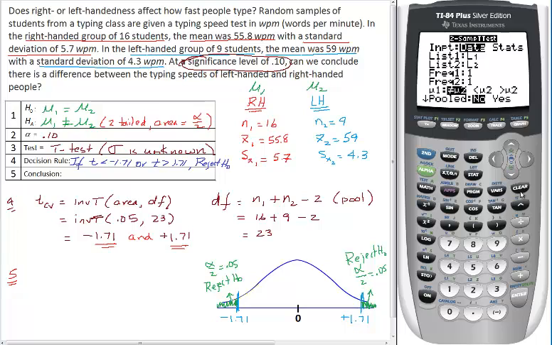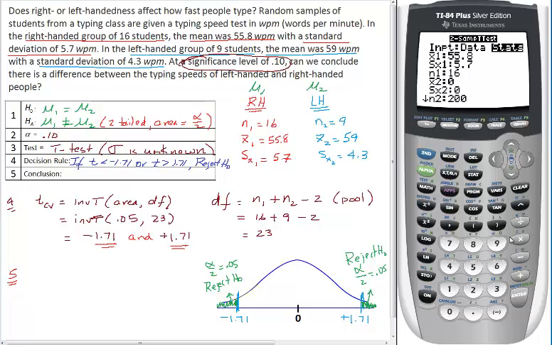So go over to Stats and hit enter to highlight Stats. Notice how the window changed. Now it's asking us for the mean of the first group, which is 55.8 words per minute. The standard deviation of the first group, which is the right-handed group, 5.7. And the sample size, 16.